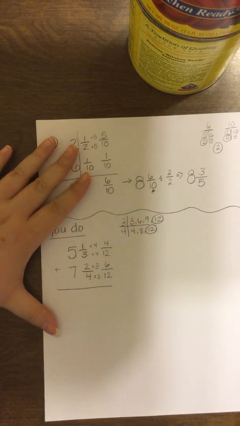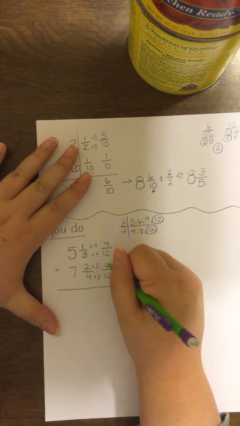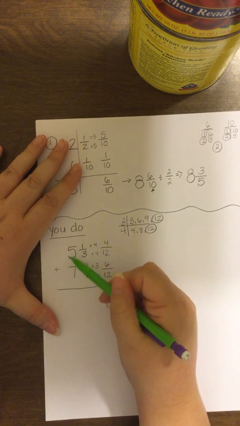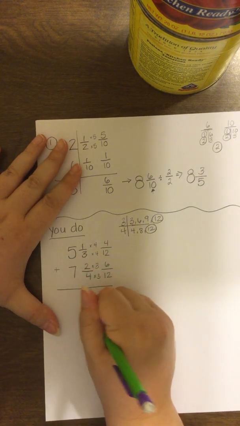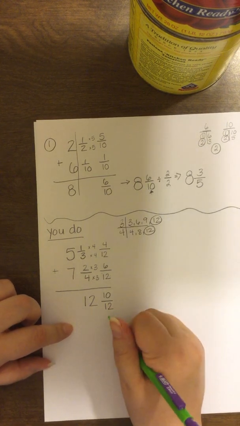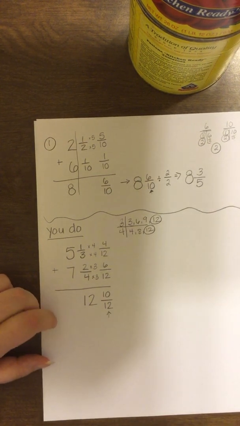So now I can add them because they have a common denominator. 4 plus 6 is 10, so it's 10/12. And 5 plus 7 is 12. Now, I cannot leave this alone because 10/12 is not in its simplest form.